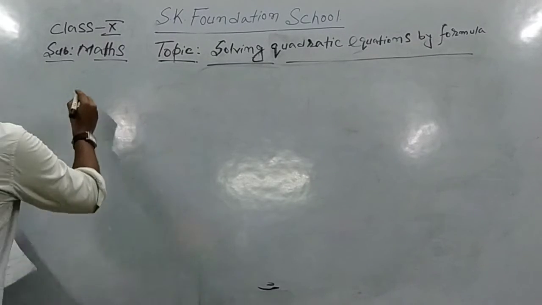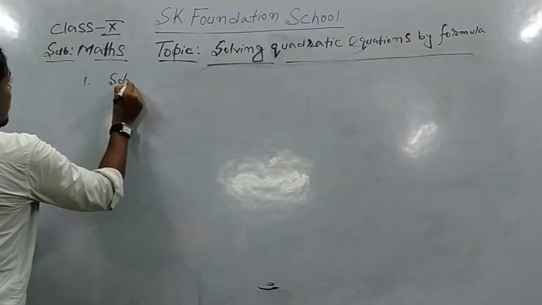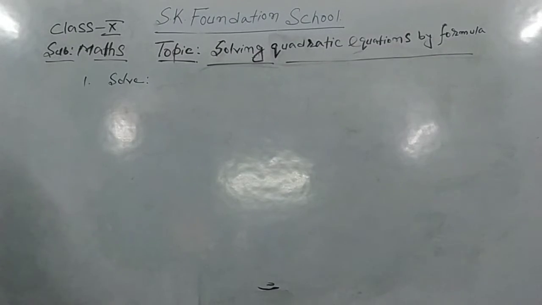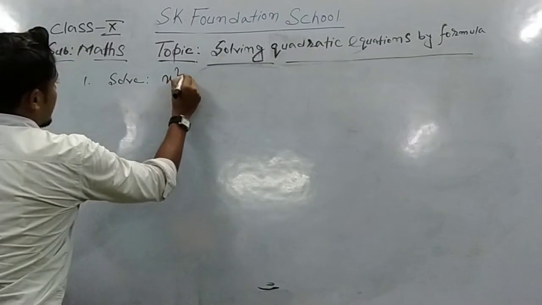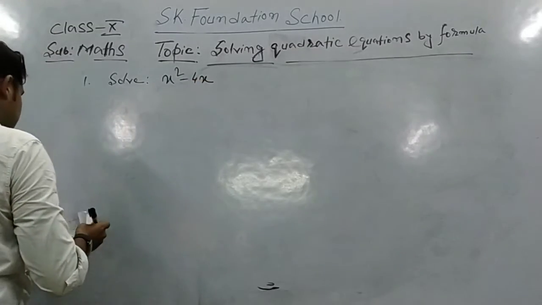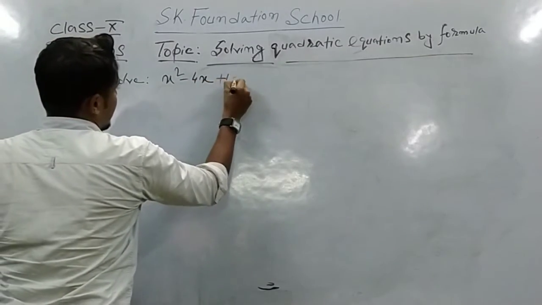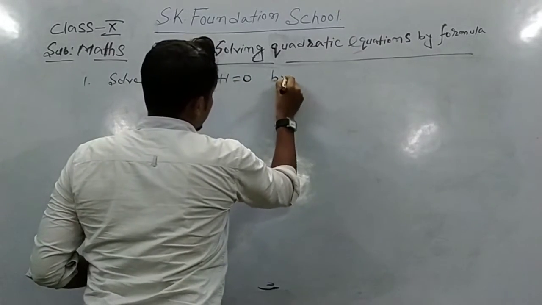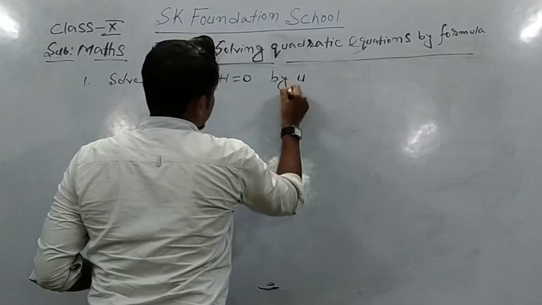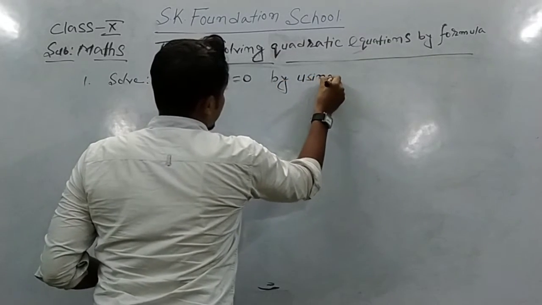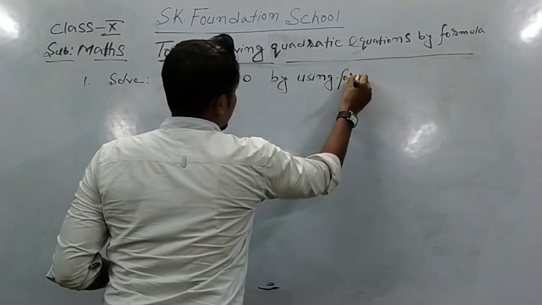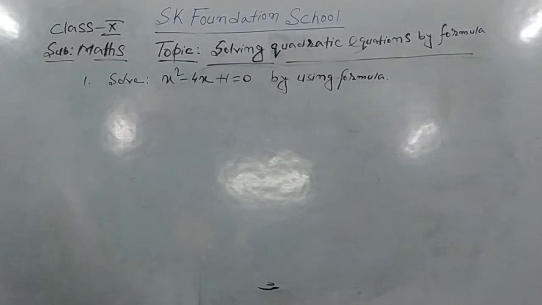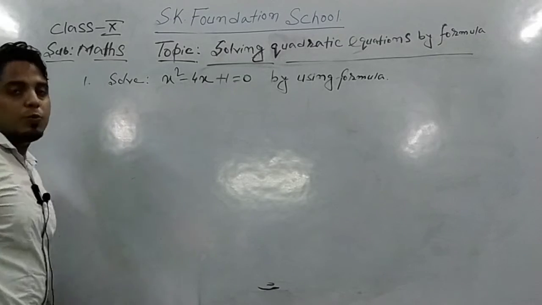First sum: solve x square minus 4x plus 1 equals to 0 by using the formula. This is our question. Solve this equation by using the formula.